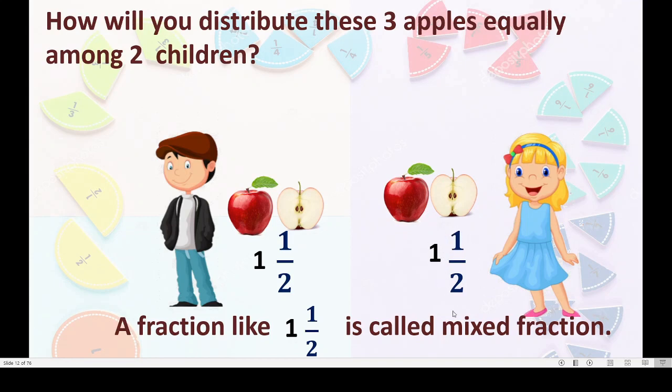So this type, if there are three numbers, it is called a mixed fraction. Remember the word mixed fraction. Mixing a whole number and a fraction. So that is called a mixed fraction. We will see some more like this.